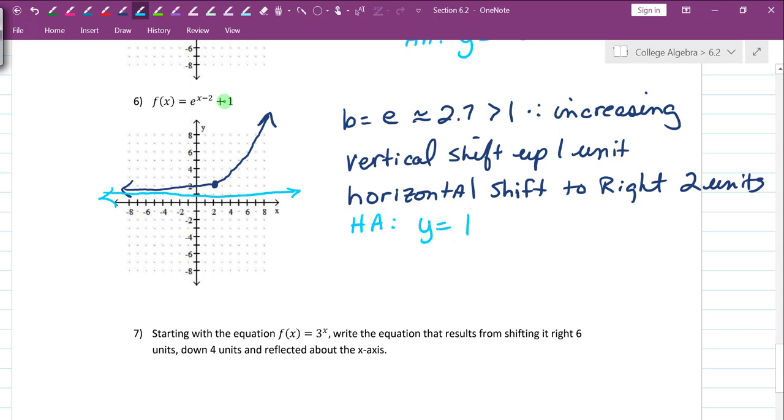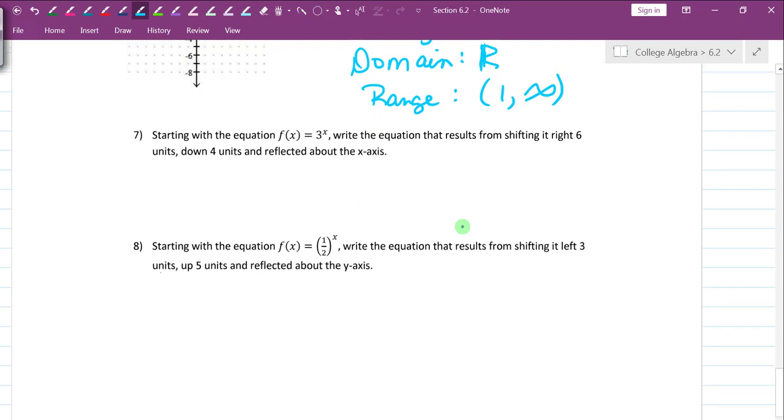Our domain is all real numbers. And then our range also went up 1 to infinity. So it shifted up 1 with our horizontal asymptote. Our horizontal asymptote and our range are always directly correlated. Alrighty, our last 2 problems.